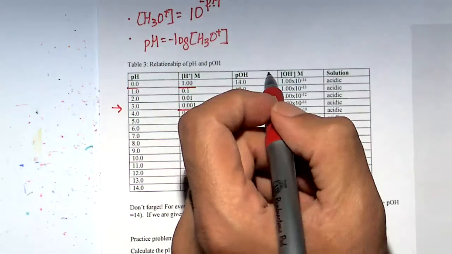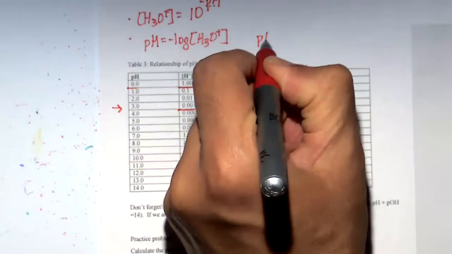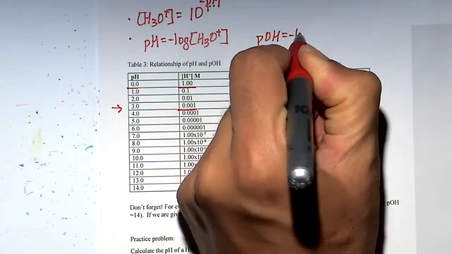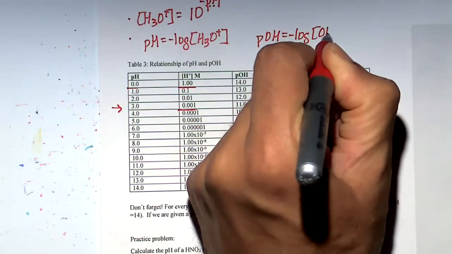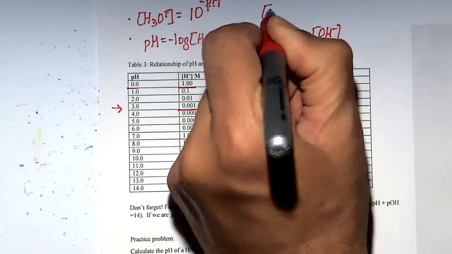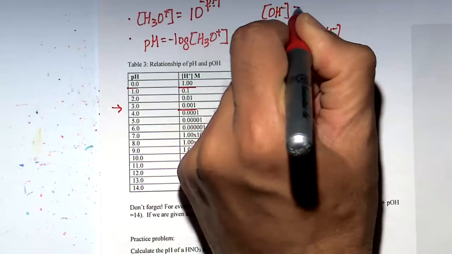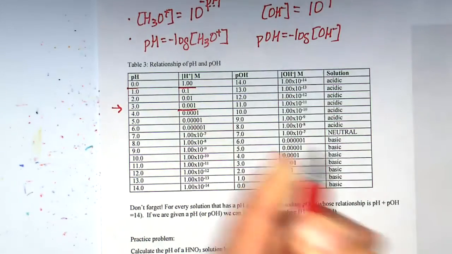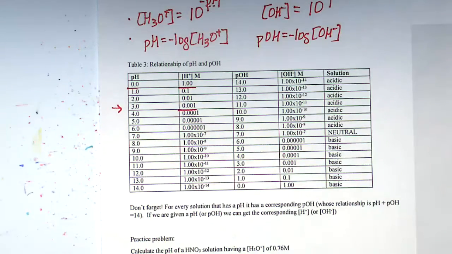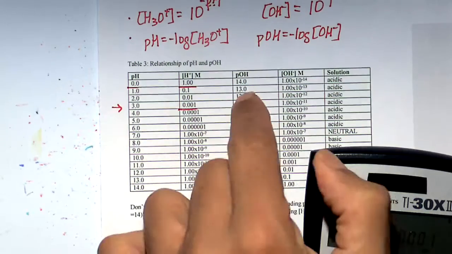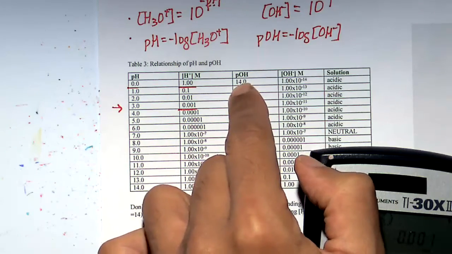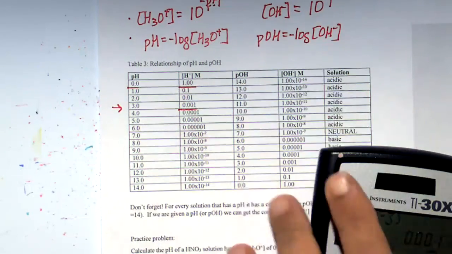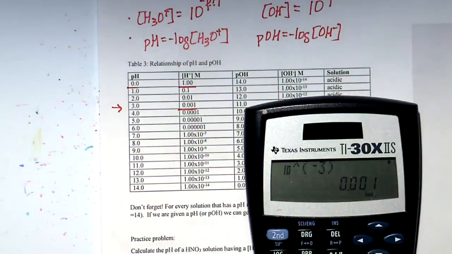So same thing here, we can do the pOH. pOH is minus the log of the OH minus concentration. The OH minus concentration, hydroxide, is 10 to the power of minus pOH. So let's do this here. Okay, a pOH of 14. So 10 to the power.